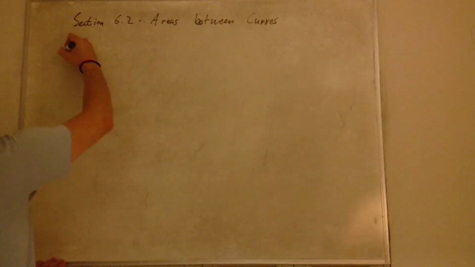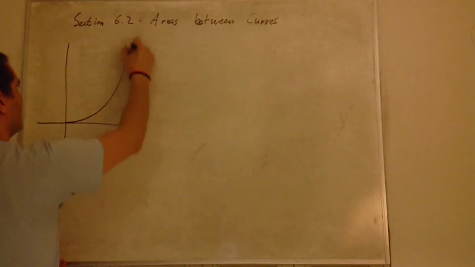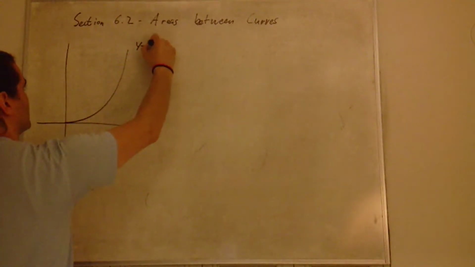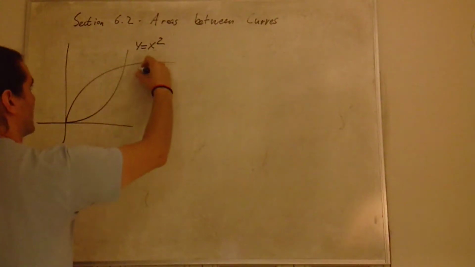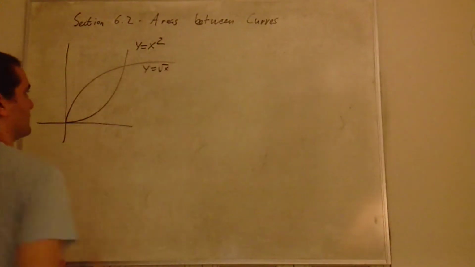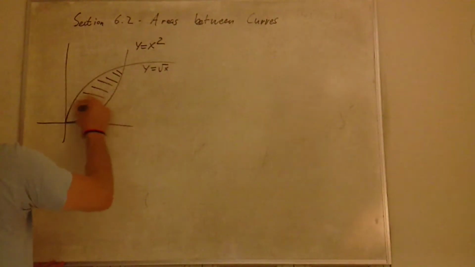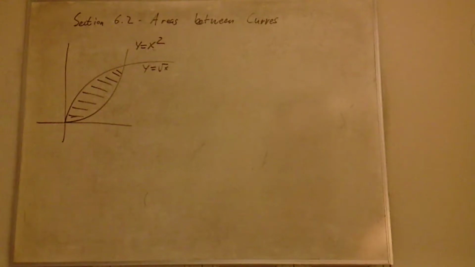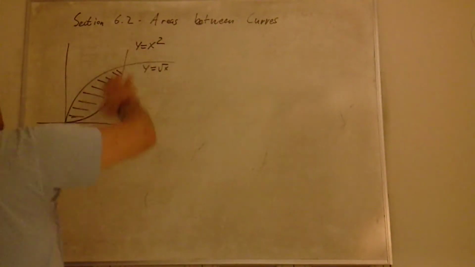I'm going to start out with my favorite example. This is the graph of y equals x squared in the first quadrant. This is the graph of y equals the square root of x in the first quadrant, and I want to know how much area is in here. That's the goal. We're going to find the area of this weird crooked eye-shaped thing.